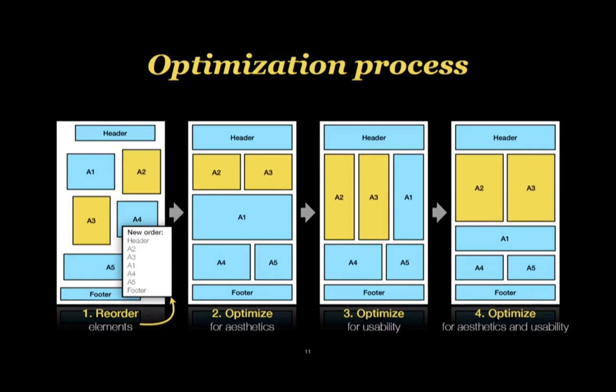In the first step, we try to infer what the most important elements are for the user, and based on that, we rearrange the elements. Then we optimize the layout for aesthetics so that we get a good grid layout. Then we optimize for usability, maximizing the visual saliency of the elements and also minimizing the selection time. And finally, we put everything together.